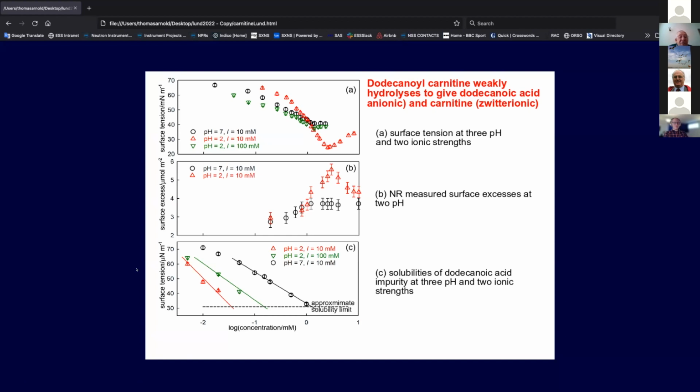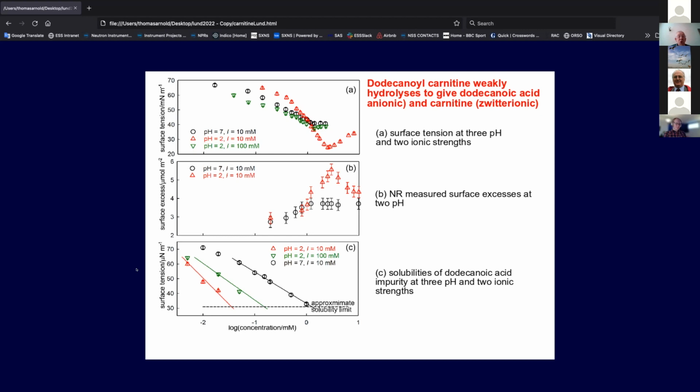So the black curve in A is the normal surface tension curve. The green one, you can also up the solubility by adding electrolyte. And that, while it doesn't do it very much, you'll see by comparing that with the surface tension that it's enough to stop any anomalies.